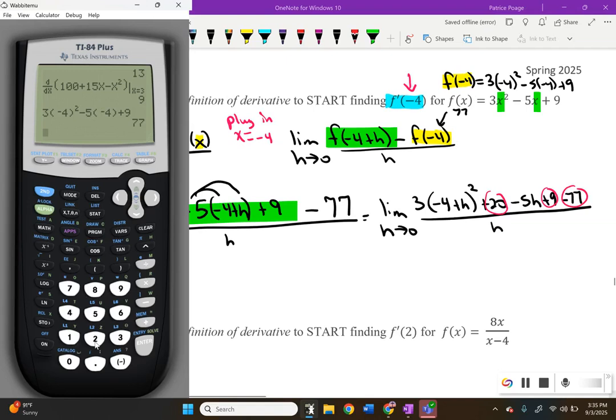I can combine 20 plus 9 minus 77 here, so let's see what that is: 20 plus 9 minus 77.